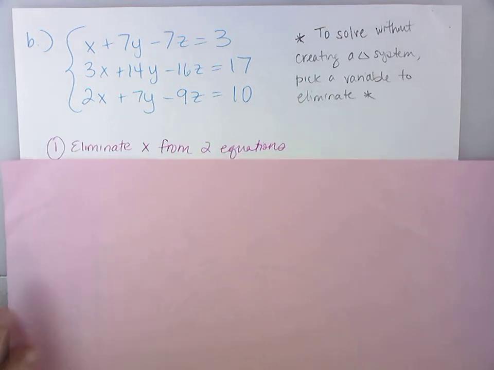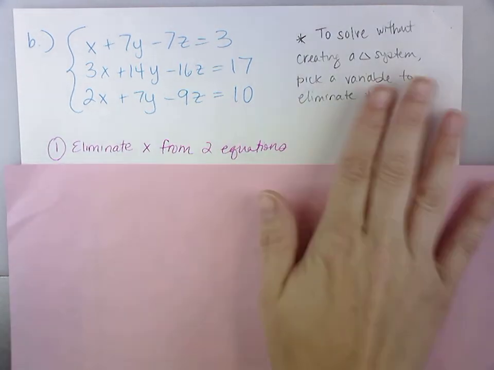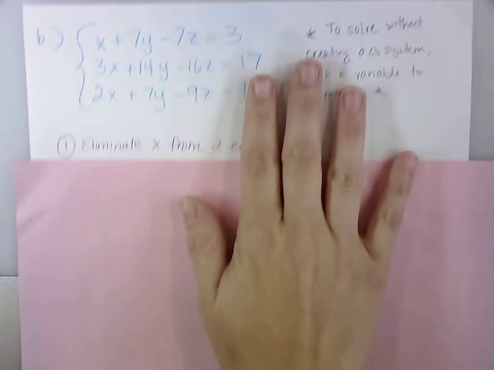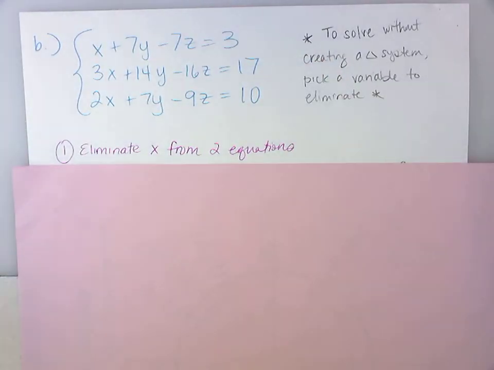If you want to solve it in a new fashion, what you could do is eliminate x from 2 equations. And you can pick what 2 equations you want to do this for. I really do want you to see both ways and try both ways.